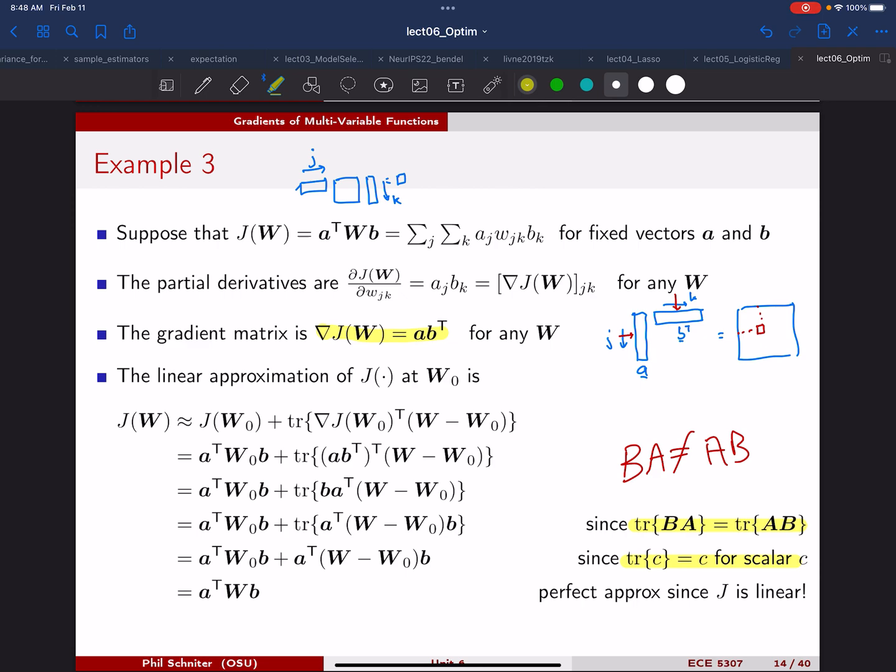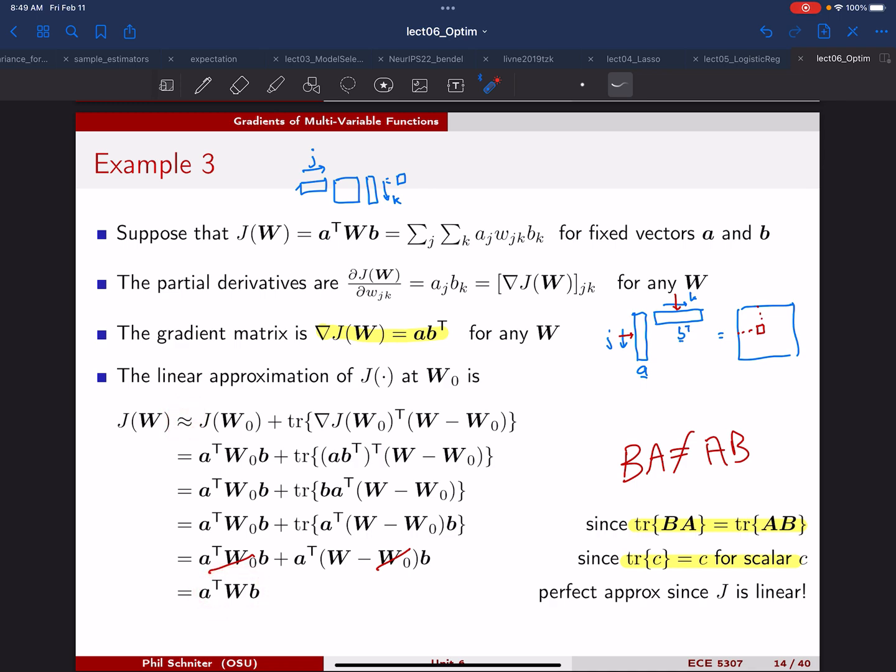So I can remove the trace from the last expression, and I get this. And finally, you can see that we can cancel this term and this term, and that gives us that the function is approximately equal to this.